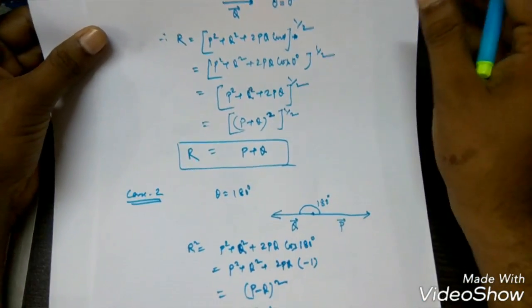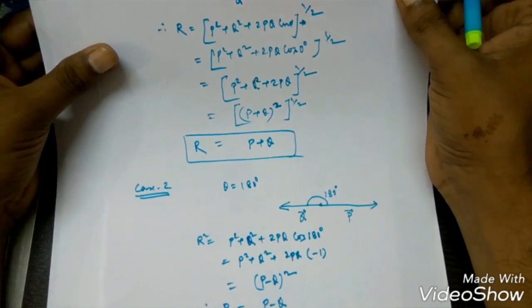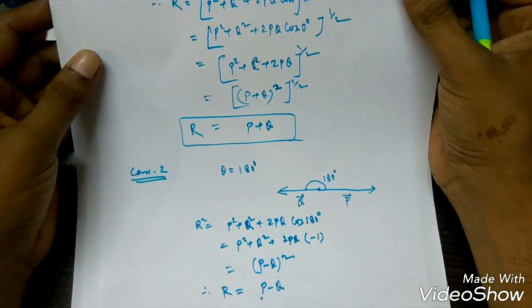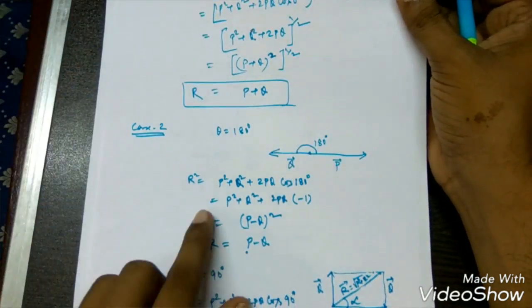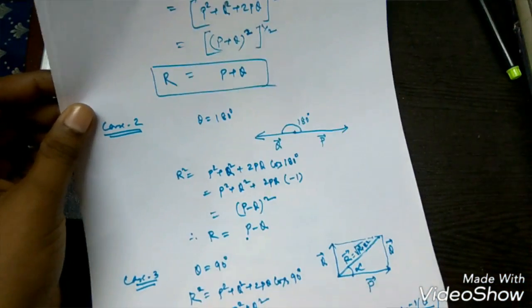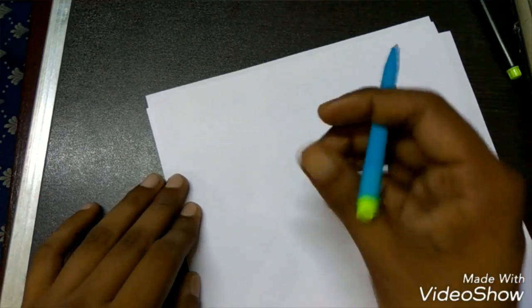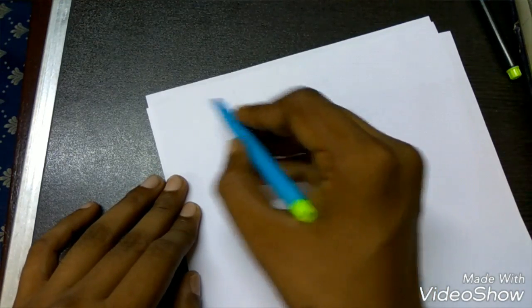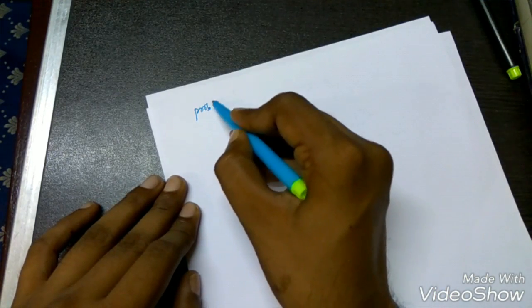Let us take one numerical example concerned with the formula R square is equal to P square plus Q square plus 2PQ cos theta. Suppose there is a problem 1.